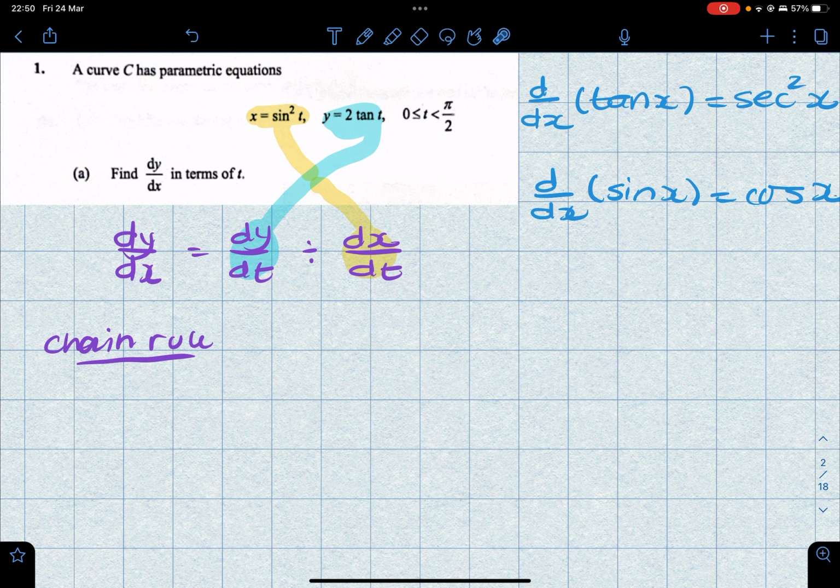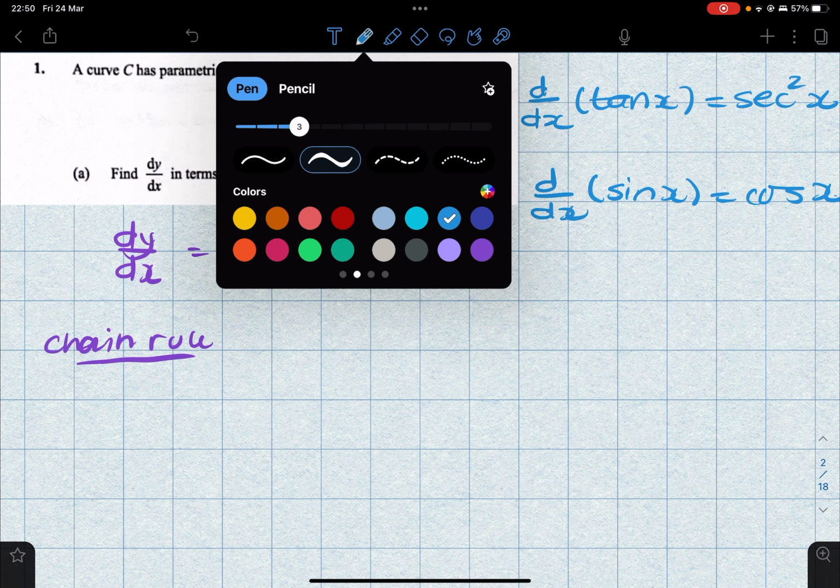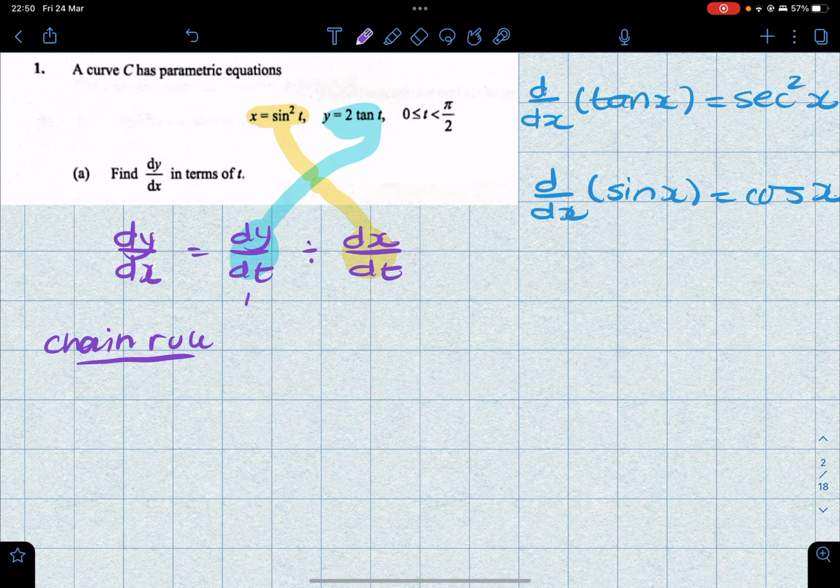So we can then find dy by dt by taking the derivative of that. So that will give you 2 secant squared t. So there's no x here, we're using t. And the derivative of sine squared, again we have to use chain rule.